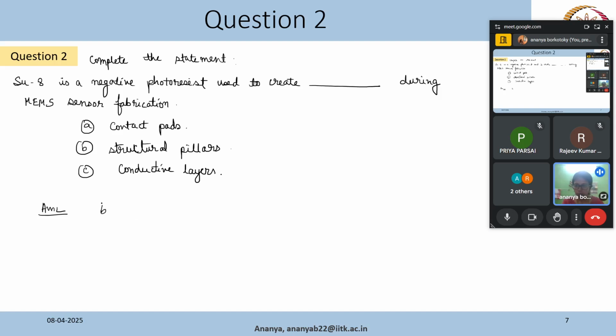The answer is B, structural pillars. You can look up what SU8 is on Google and find some information about it.